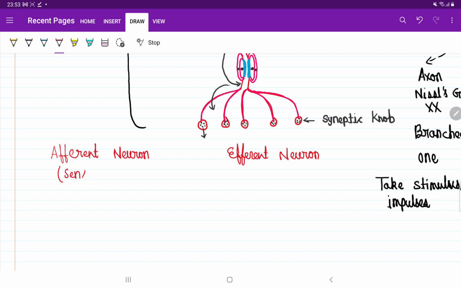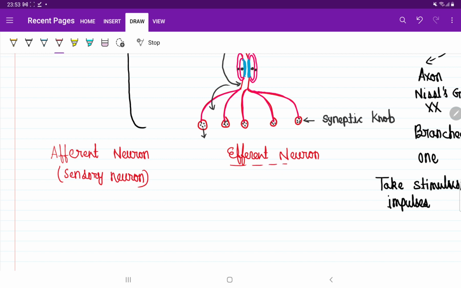The dendrites of sensory neurons are present on sensory organs, like the eyes, ears, skin, and olfactory epithelium. They collect stimulus and take it to the central nervous system.